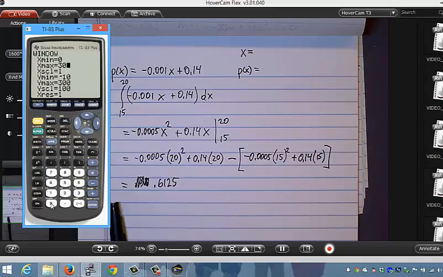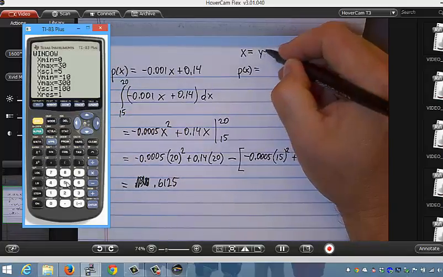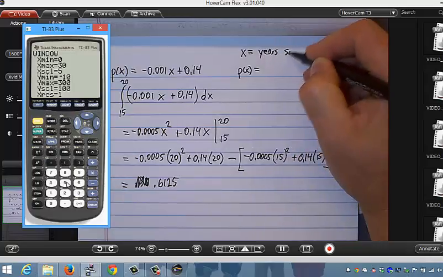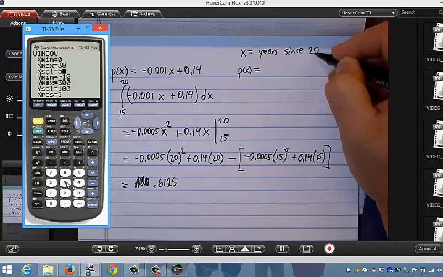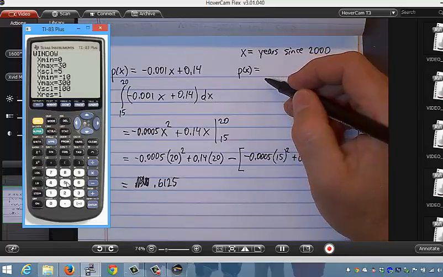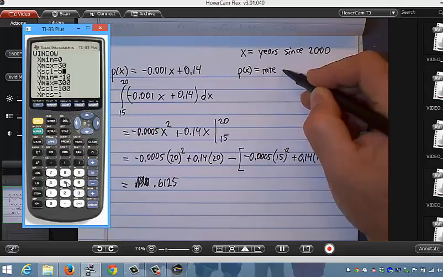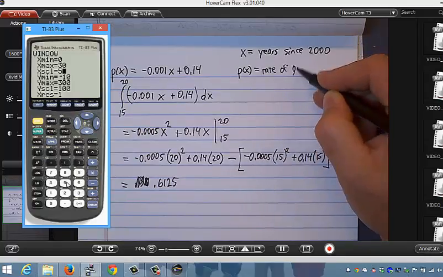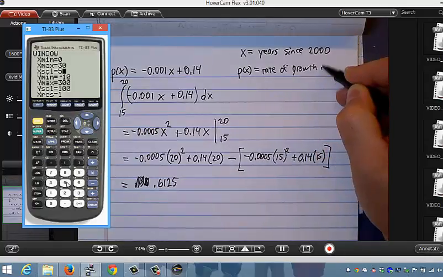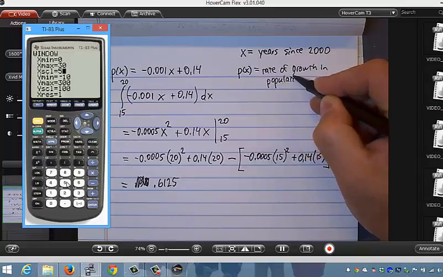What does x represent, by the way? Years since 2000. Let me write that down. Remember I said that's important to write. And what does p of x represent? They write it there. Rate of growth or change in population, and this is in millions.